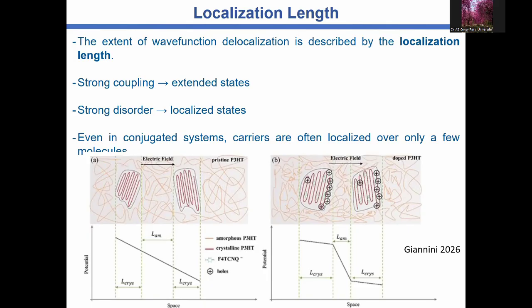In terms of this, I got a recent paper to show what it means. If we have this amorphous structure here, sometimes we can see some regions that are more regular.